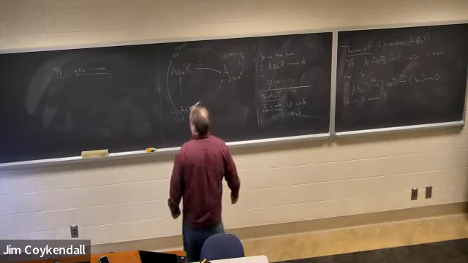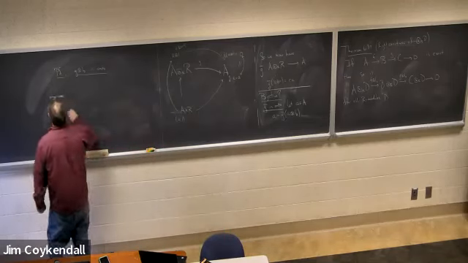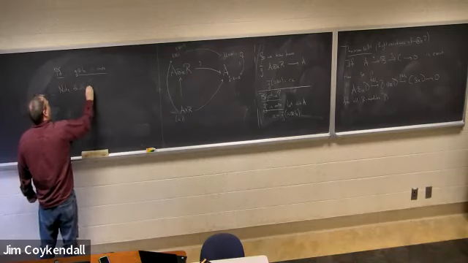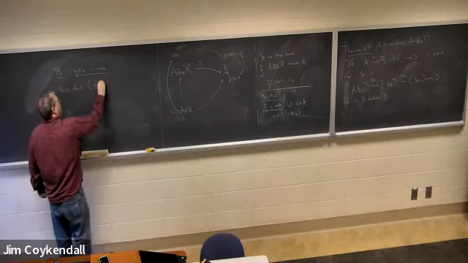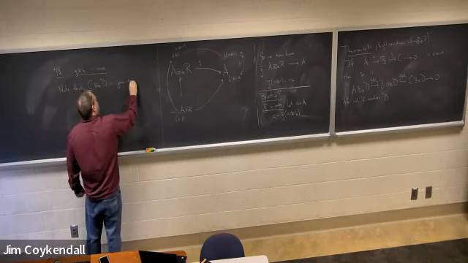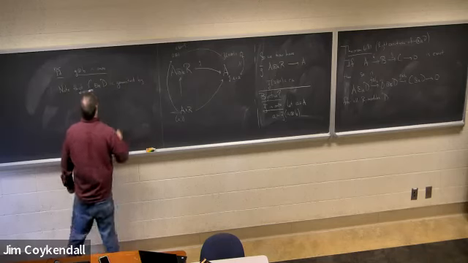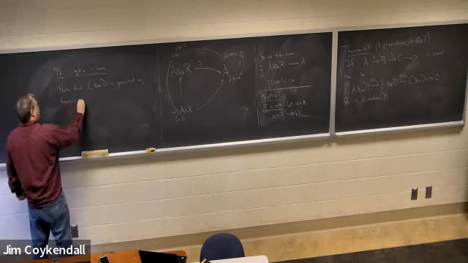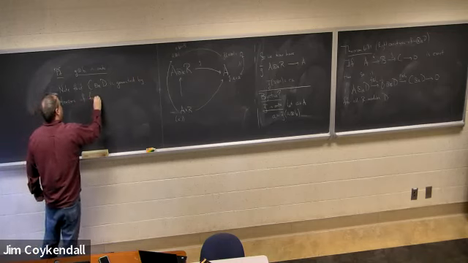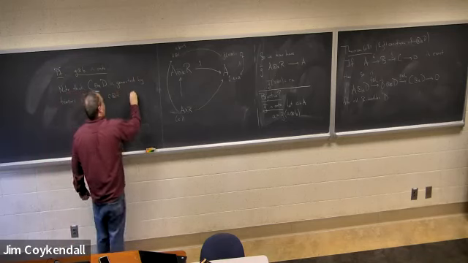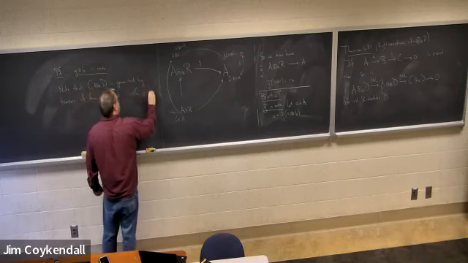Well, note that C tensor D is generated by tensors of the form little c tensor little d, with c in C and d in D.